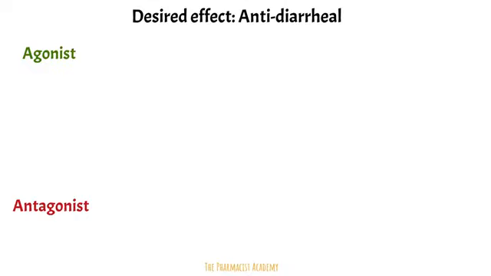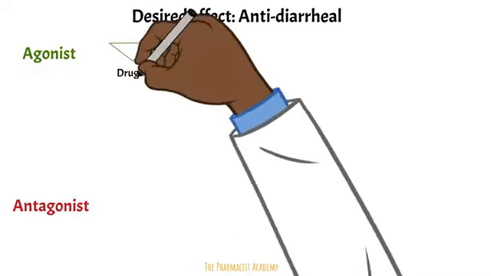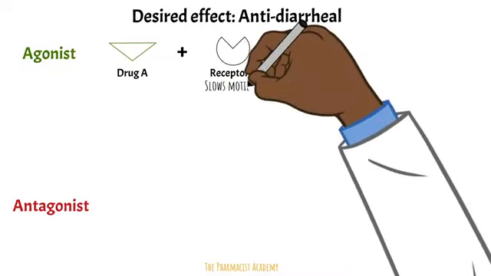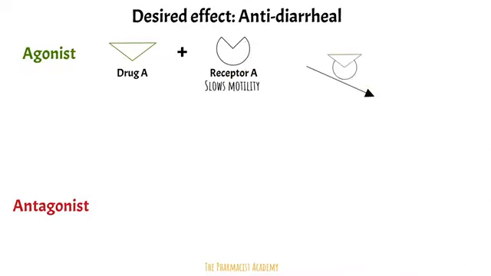So in this case, we have drug A, and let's assume that it has been synthesized to look the same and act the same as a naturally occurring hormone in your body that normally slows the GI motility. So drug A in this case will bind to receptor A. Any ligand or substrate that binds to receptor A and fits perfectly leads to slowing of the GI motility. This will lead to the anti-diarrheal effect we want.